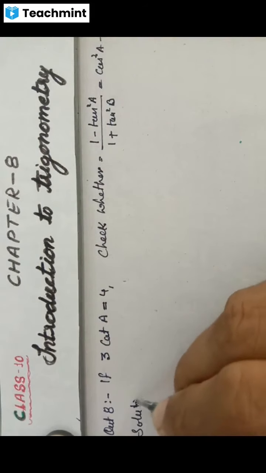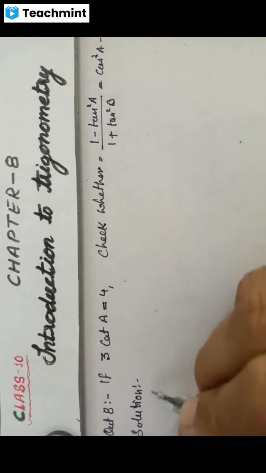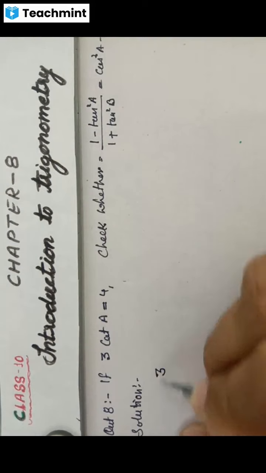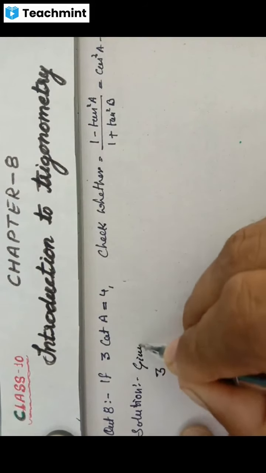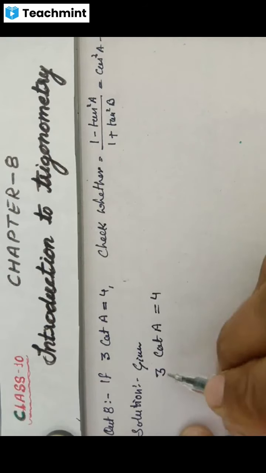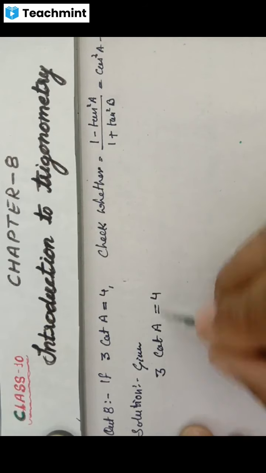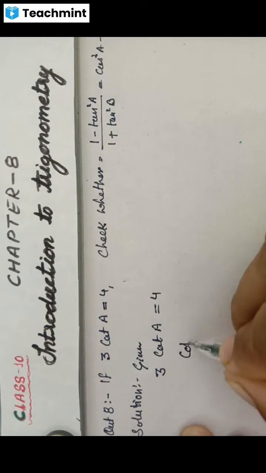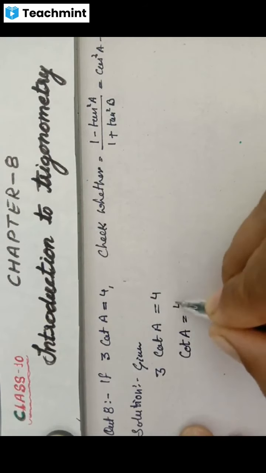You can see it is given that 3 cot A is equal to 4. Sending this 3 multiplication on that side, it will become cot A is equal to 4 upon 3.